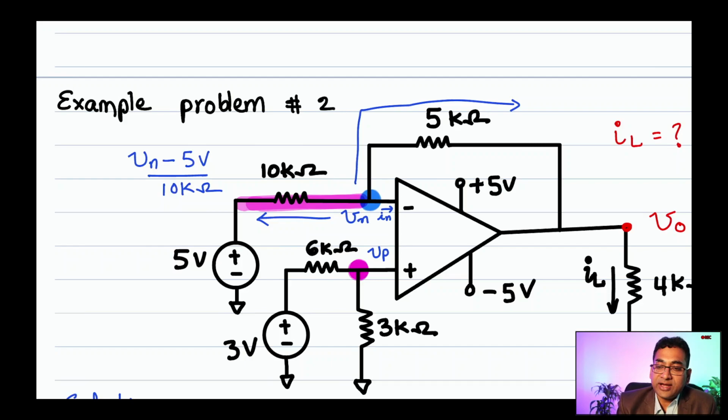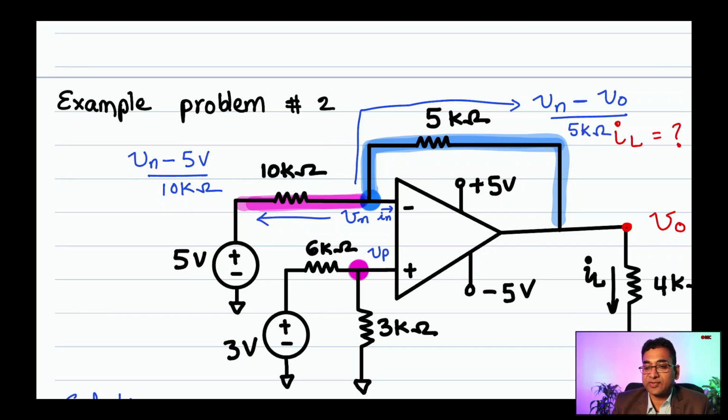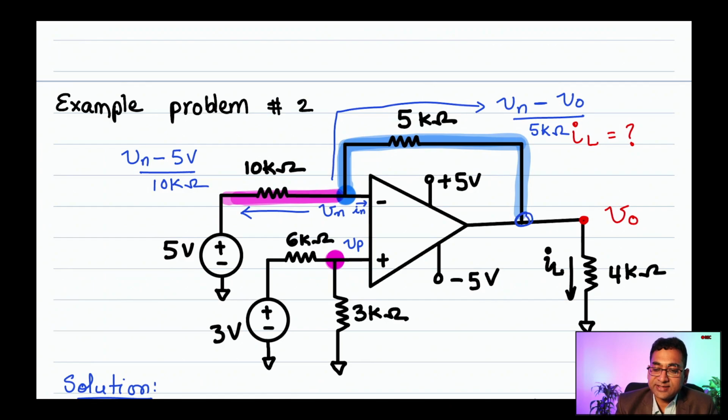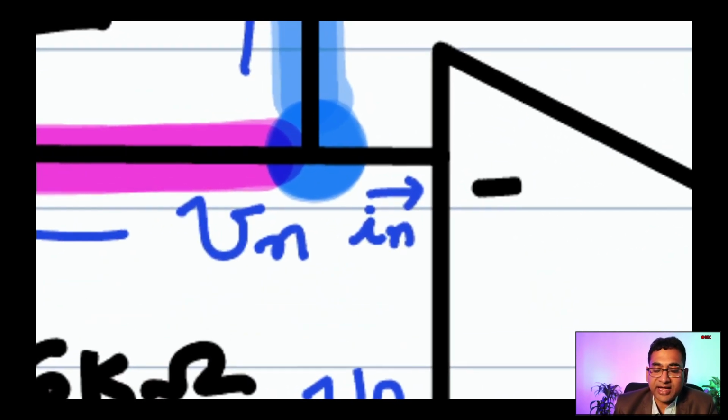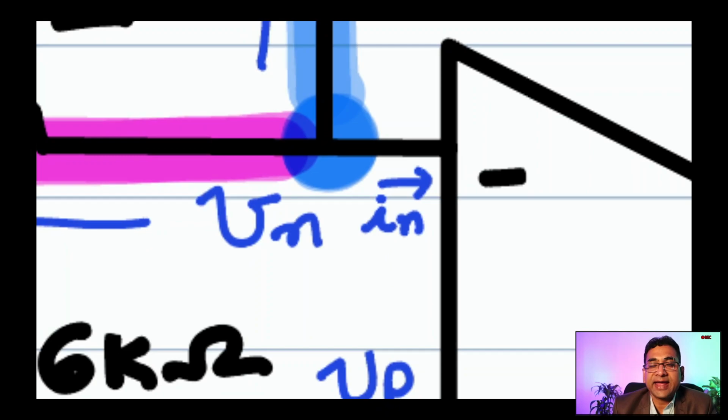Now the current flowing in the other branch would be Vn minus Vo over 5 kilo ohms, because the voltage on this node is VO, the output voltage. And of course, there is this other branch which is carrying a current of IN.